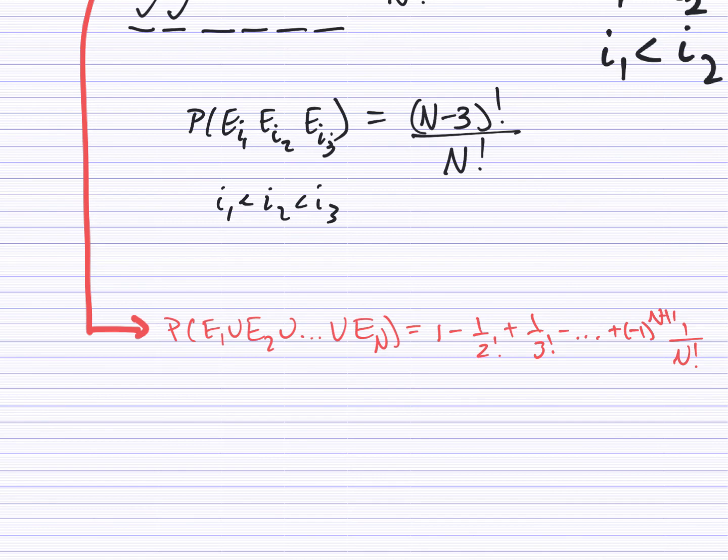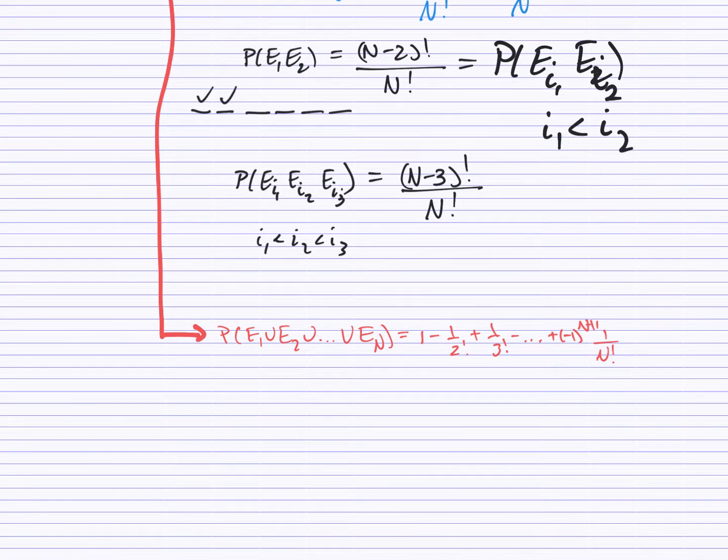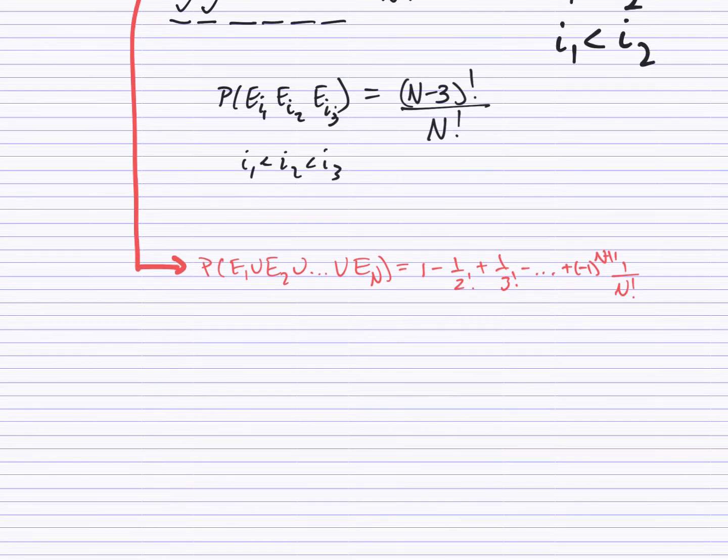That's the union. But that's not actually what I wanted. I wanted none, remember? So the probability of none, which is the question I wanted, is 1 minus that. So it's 1 minus 1 minus 1 over 2 factorial plus 1 over 3 factorial, right?